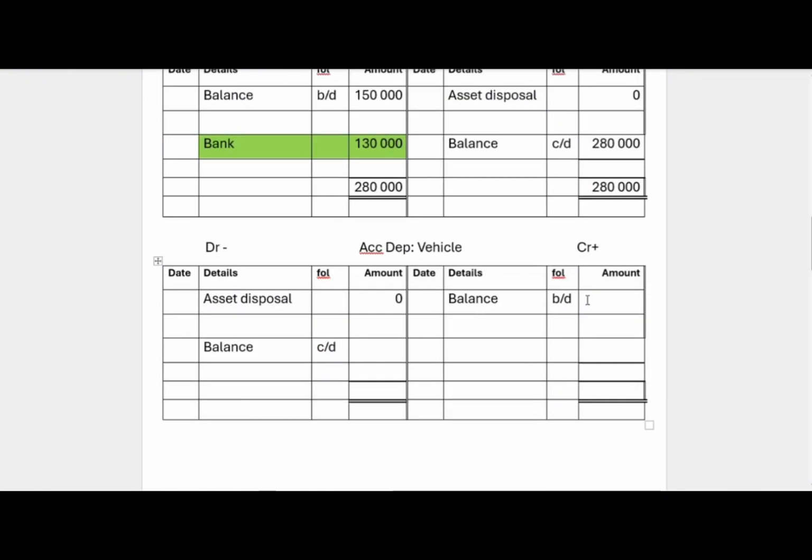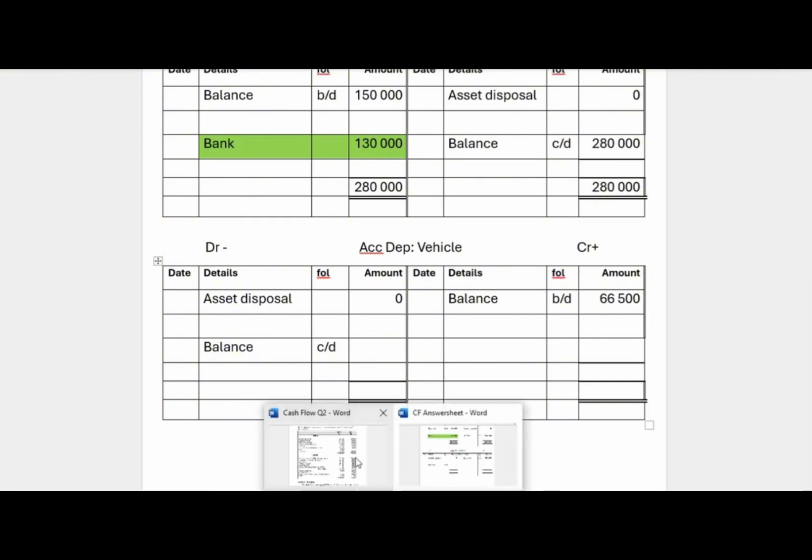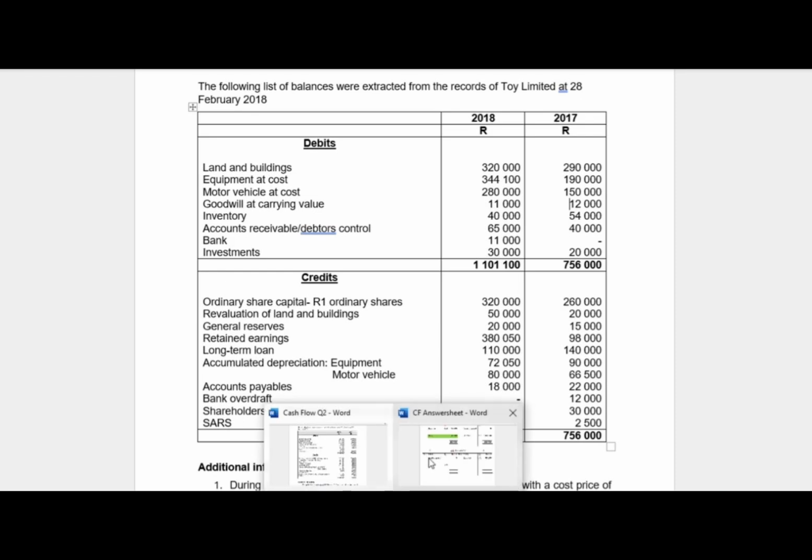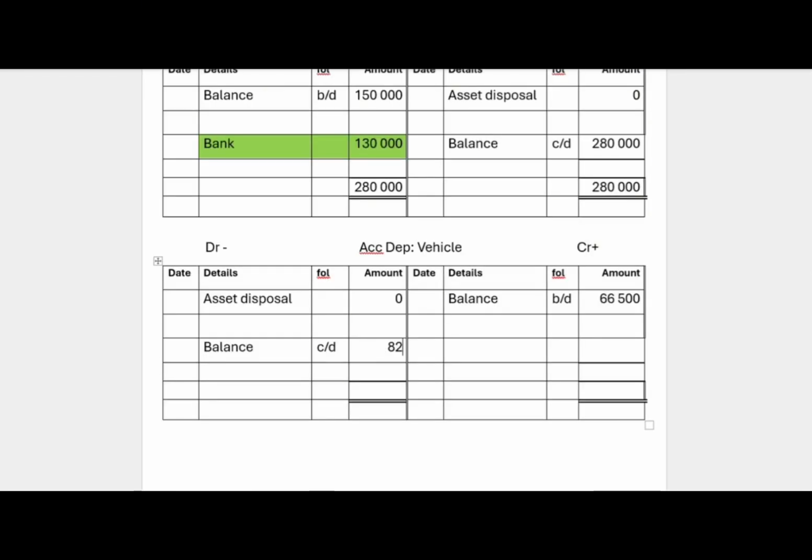So we come here, opening balance 66,500, and then closing balance of this is I think it's 80,000. Let's just double check. It's 80,000, right? So we put 80,000 right there. All right, and then the bigger side here is the debit side, so 80,000 right there, even 80,000 this side.